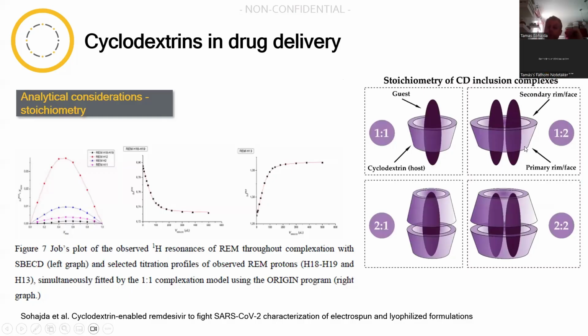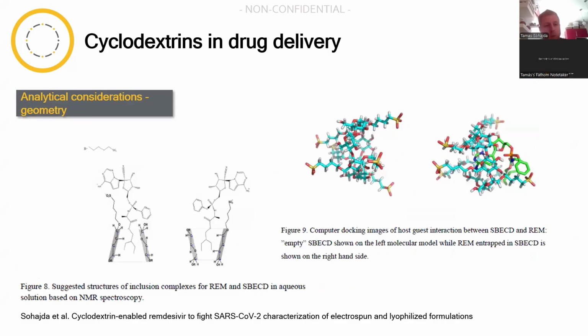But still, we can determine this ratio. There are all kinds of complexes, and usually it's the job plots technique, a unique titration, that's used for this one. What's more interesting is the geometry of the complex. So how the active ingredient is fitting into the cavity of the cyclodextrin, which rim it is entering from.